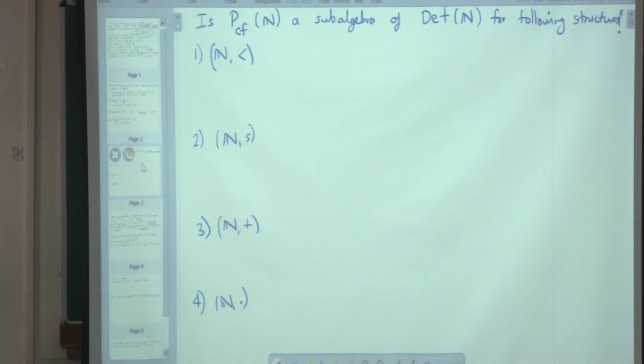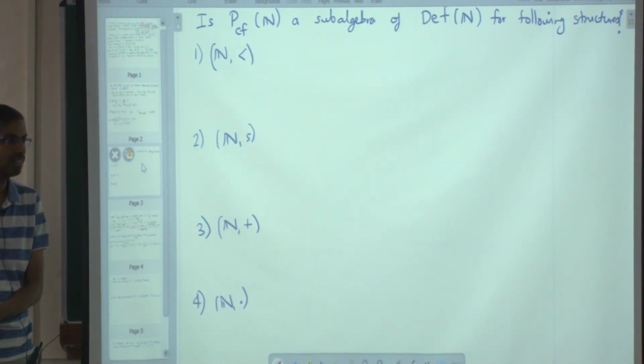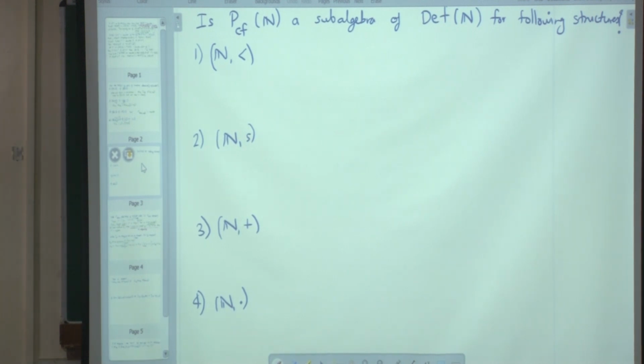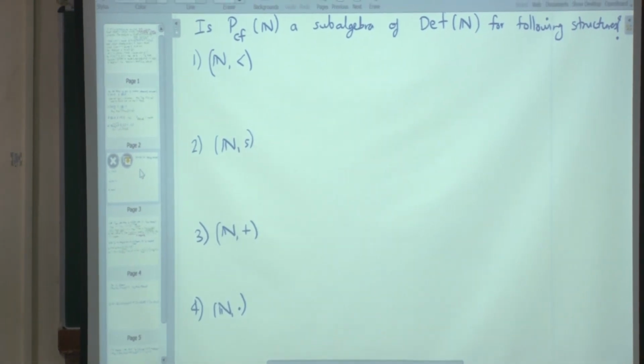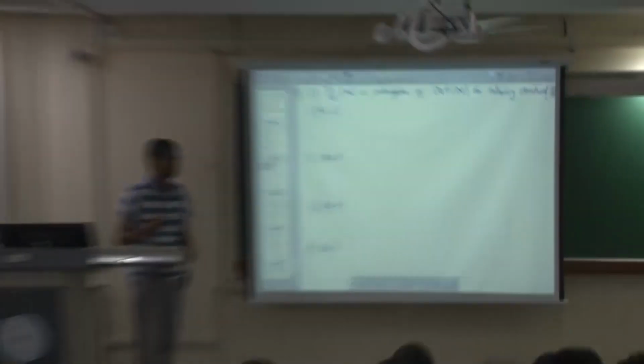Let's proceed. Okay, P CF N. CF stands for finite cofinite. So finite and cofinite. Is this a subalgebra for the following structures? This is perhaps a very complicated way to say it, but what it is asking you to do is prove that every finite subset is definable.